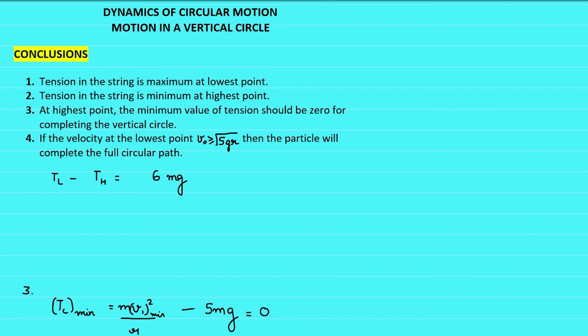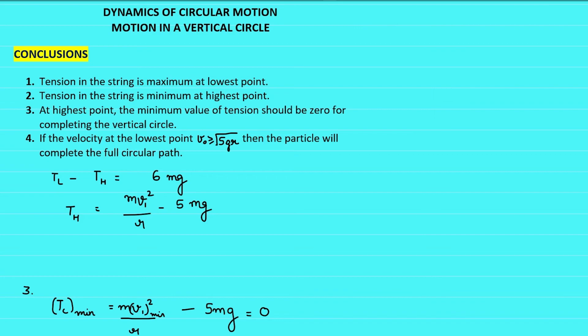Now if you see the third point, since the tension is minimum at the highest point, from the expression for tension at the highest point, we can see that this tension can be positive, negative or 0 depending upon the value of v1. Okay, so negative tension means what?